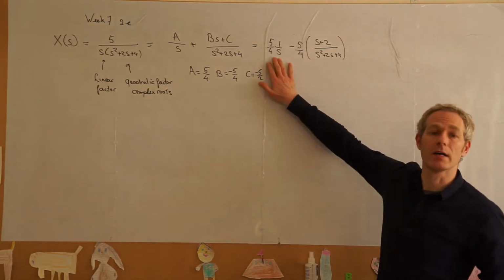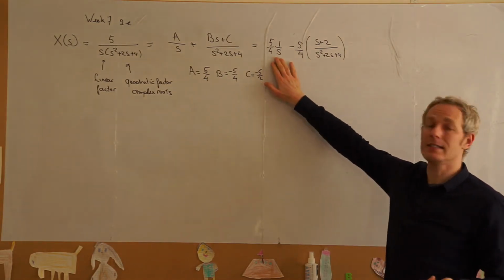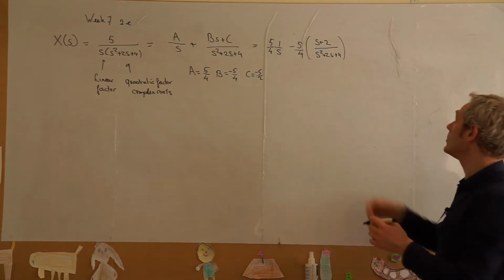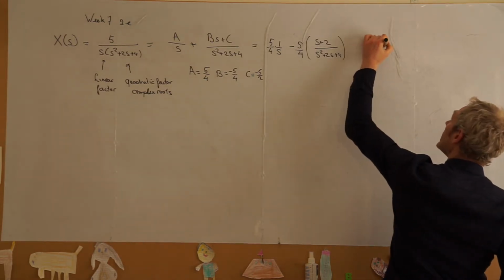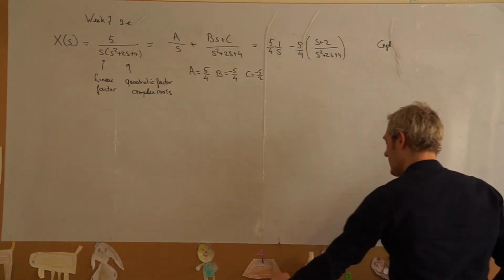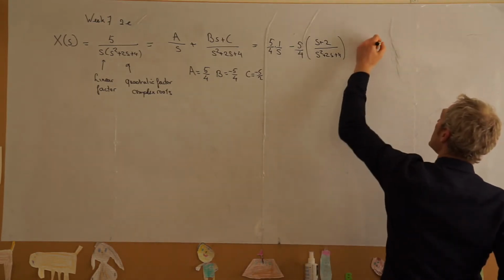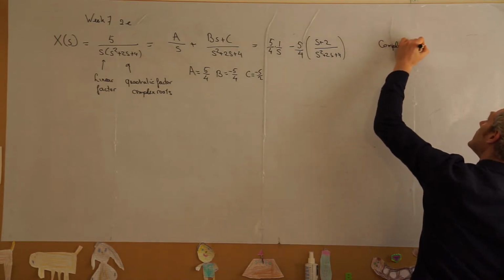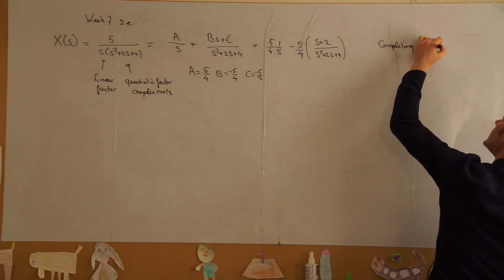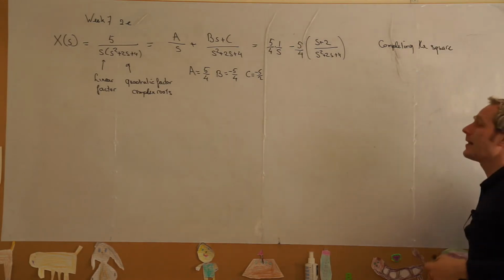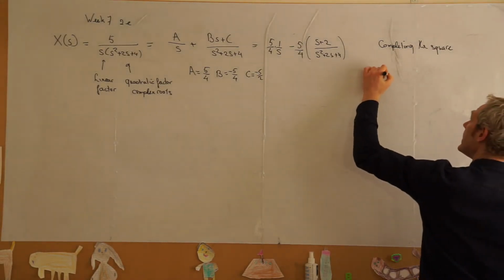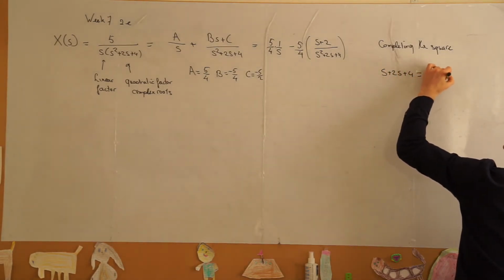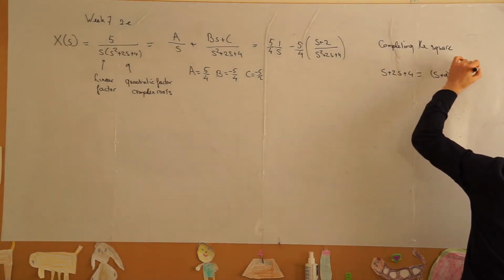Now, this part I can take the Laplace transform of because it is in the table, and this part I can't. So what I'll do is use the method of completing the square. That simply means that I will write s squared plus 2s plus 4 as something like s plus a squared plus b squared.